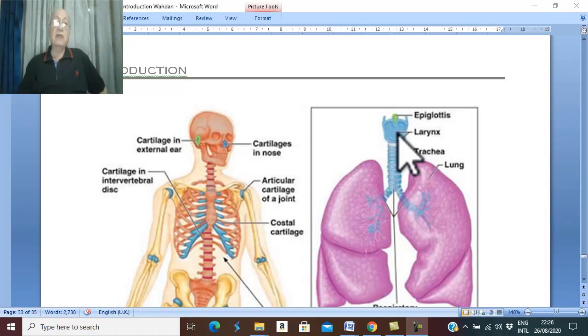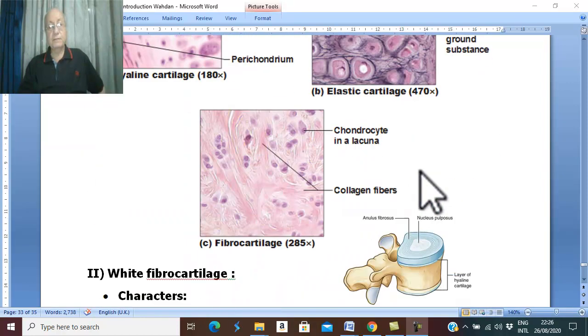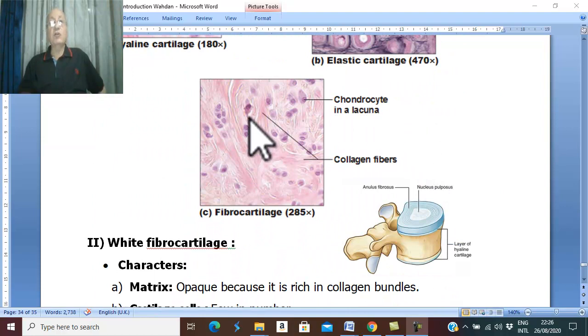Then we have another type of cartilage called white fibrocartilage. Why is it white? Because the matrix of this fibrocartilage is full of collagen bundles, white in color. Histologically, there are few cartilage cells with many fibers in the matrix.